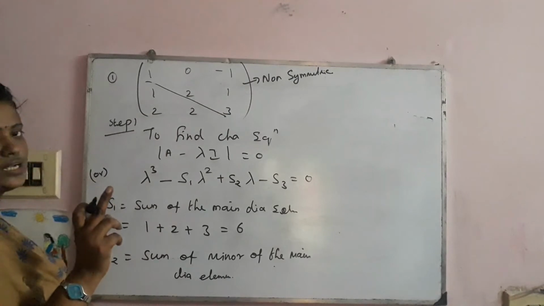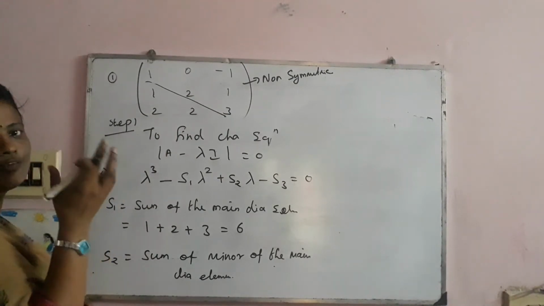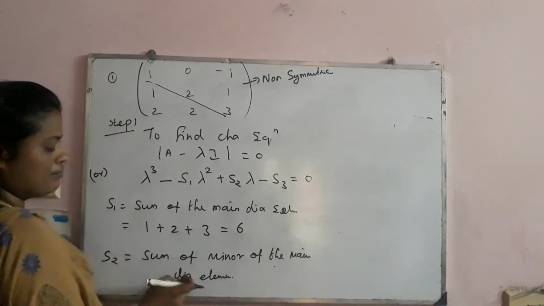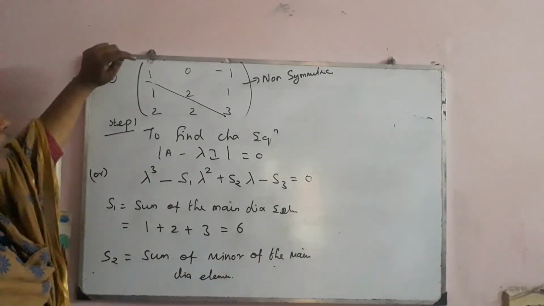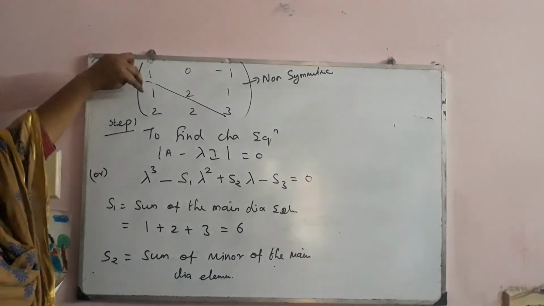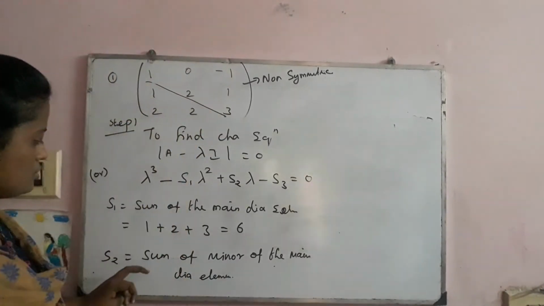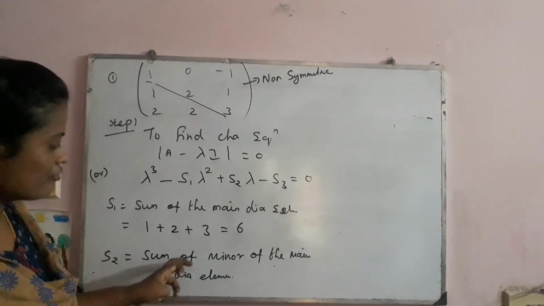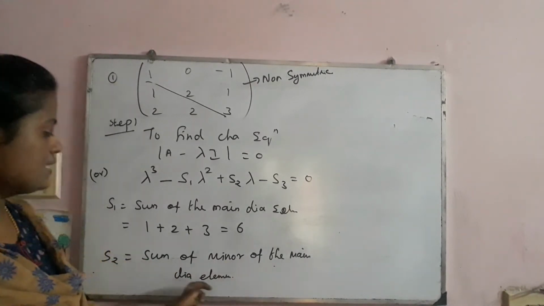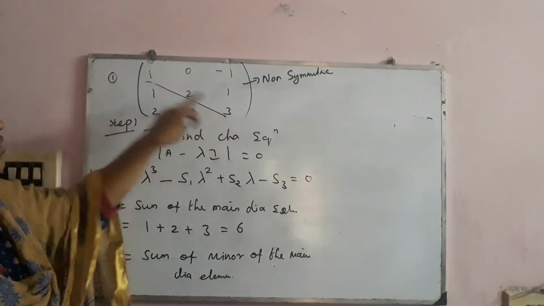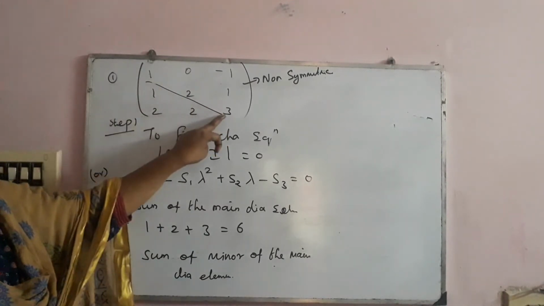No need to consider cofactors, since a cofactor means you have to consider the sign also. Here you are finding the minor of the main diagonal elements, so you find the sum of the minors of the main diagonal elements.